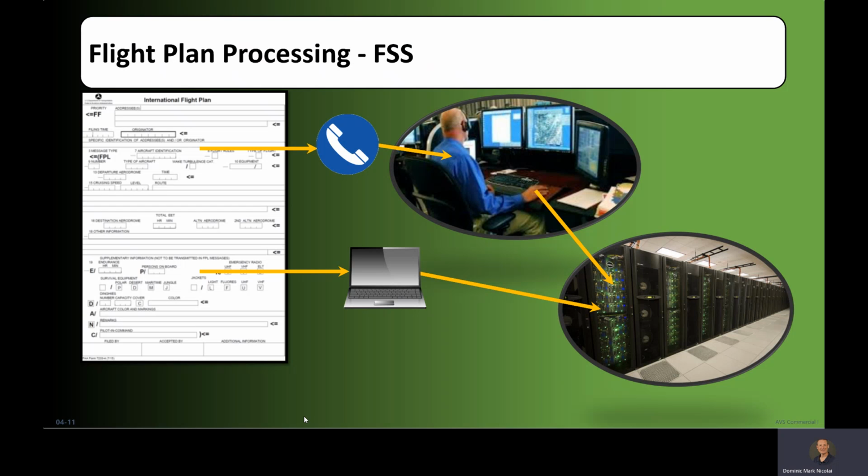It is the job of Center to process that flight plan and make sure two aircraft do not occupy the same space at the same time. So they're verifying that you have a valid flight plan. Now, if there is a conflict, someone's got to move out of the way.